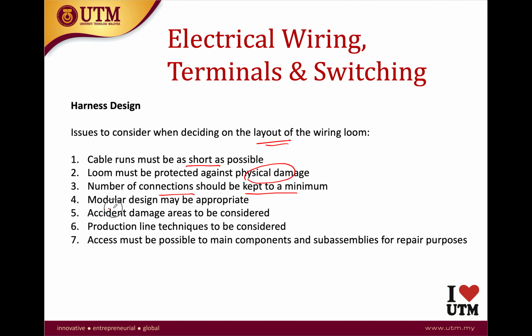You can use a modular design if appropriate, and you have to consider accident damage areas, where you have a higher tendency to have accident damage. Then you can also look at production line techniques. And the last point here is accessibility to the wire for repair purposes. It needs to be easily accessible.